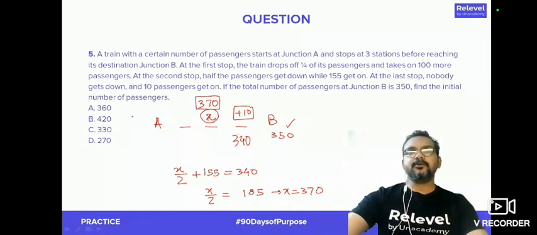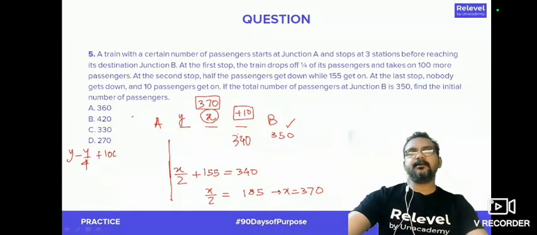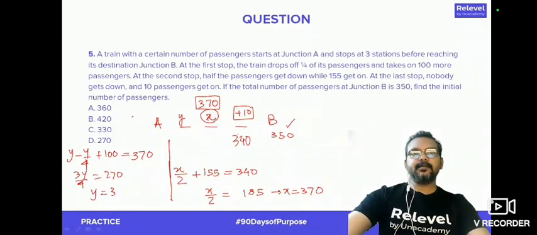So if there were Y here, then our next equation would be Y minus Y by 4 plus 100, because 100 people join or board on the train, and that gives us 370. So Y minus Y by 4, 3Y over 4 is 270. So Y comes out to 360. That means here there were 360 passengers.